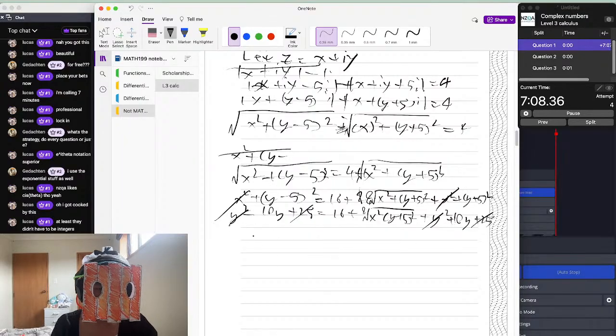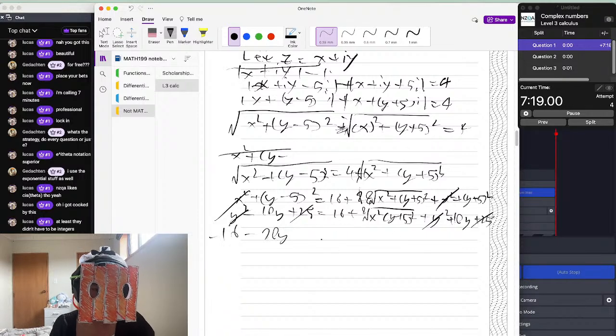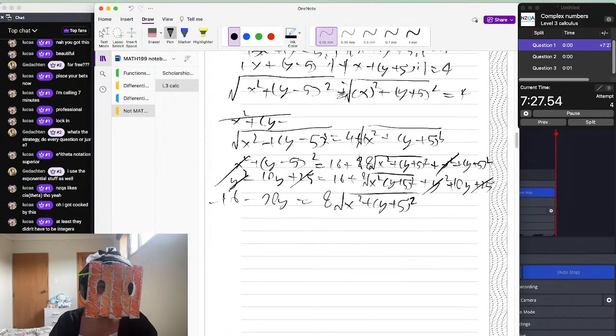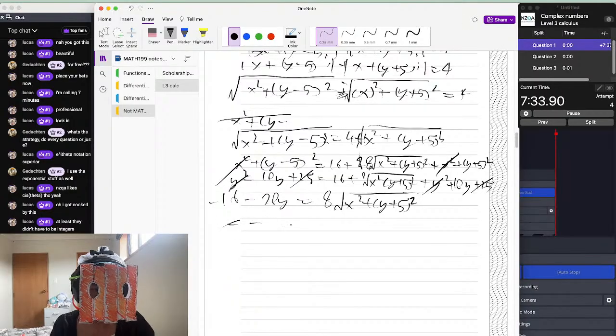We want to see that. And minus 10y from both sides, and the 16 as well, which gives minus 16 minus 20y equals 8 root of x squared plus y plus 5 squared. And now we divide by 8. Actually, yeah, we'll do that.